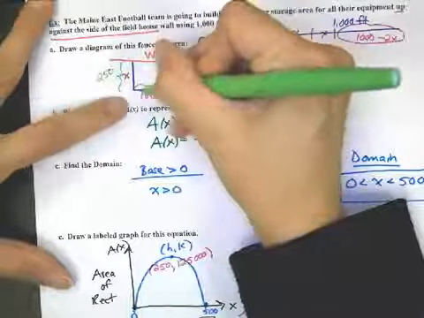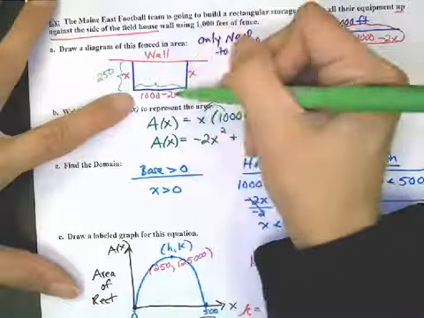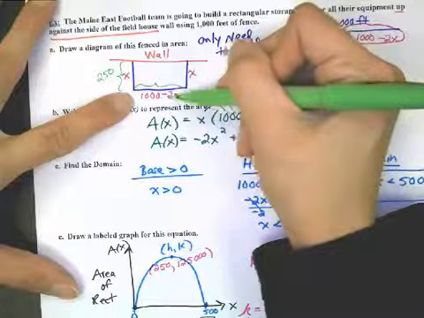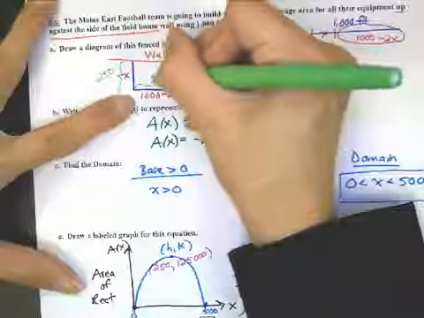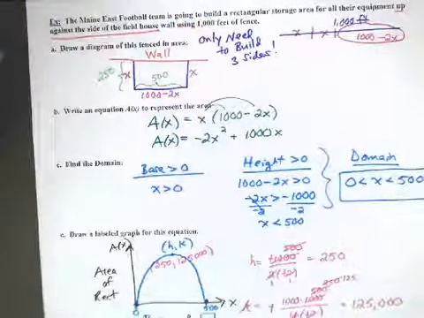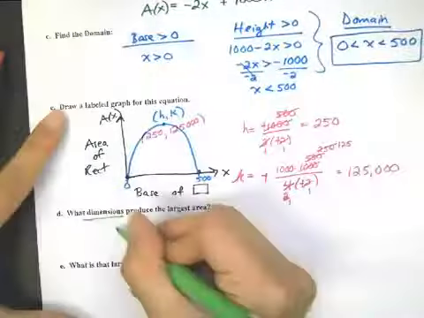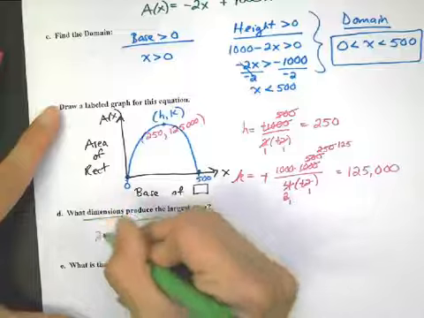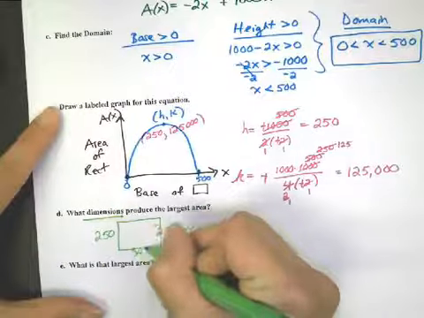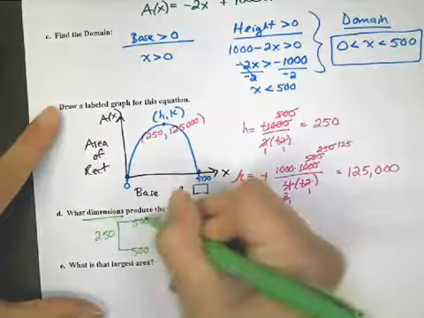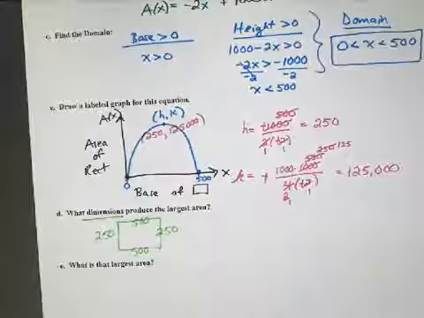And then what is this length going to be? 250 times 2 is 500. 1,000 minus 500 is 500. So that means that the rectangle looks something like this. 250 here, 250 there. Opposite sides congruent, 500 for the top and bottom.